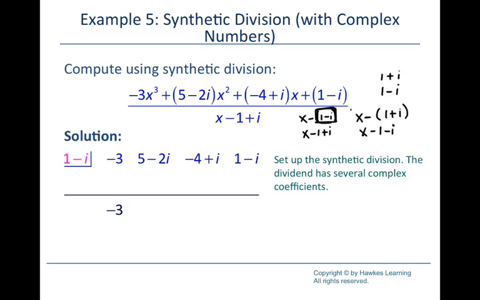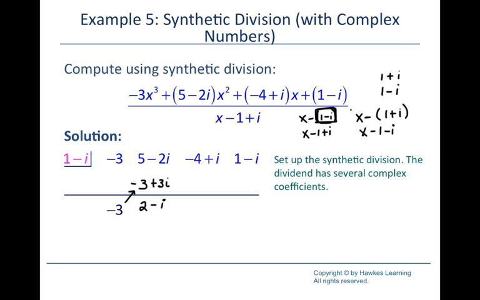So the first thing we're going to do is multiply the negative 3 times the 1 minus i. Put it up here. So we're going to get negative 3 and then plus 3i. That was pretty straightforward. 5 minus 3 is 2, and positive 3i minus 2i is plus i.